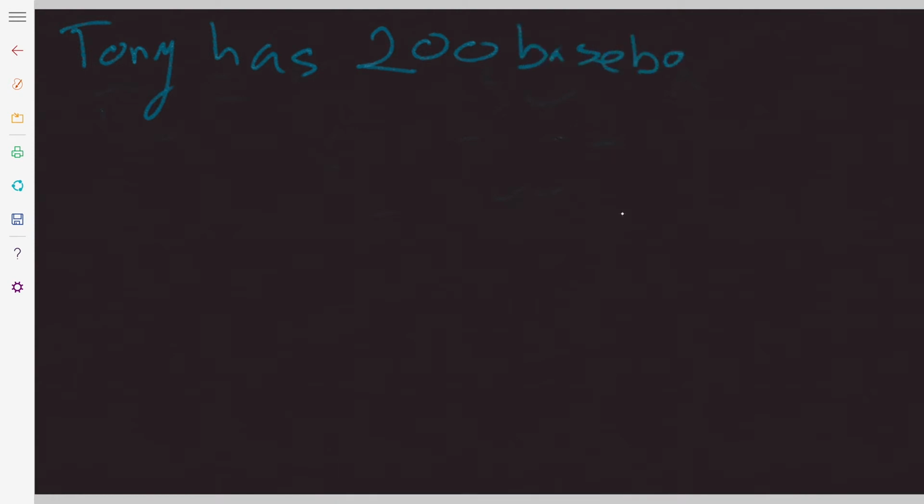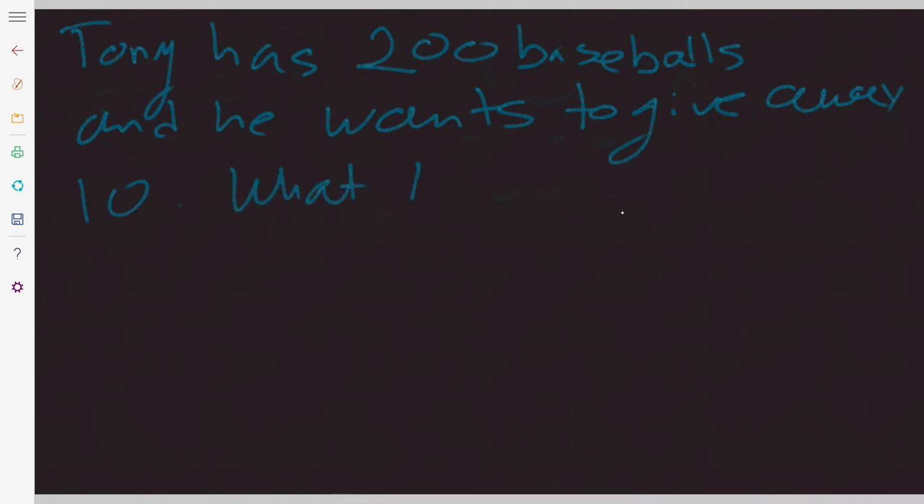Why does he have 200 baseballs? No idea. So Tony has 200 baseballs and he wants to give away 10. What percentage, I'm just going to abbreviate that, what percentage will he give away?